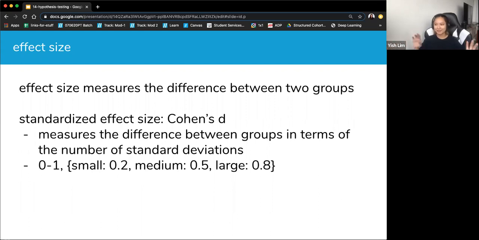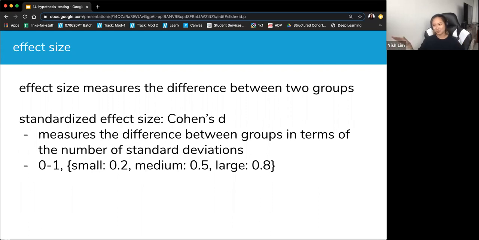It's measured from 0 to 1, and the values of 0.2, 0.5, and 0.8 being small, medium, and large are just rules of thumb. We'll get more into it as we get closer to our project, but a lot of these things are very subjective based on what you're measuring.